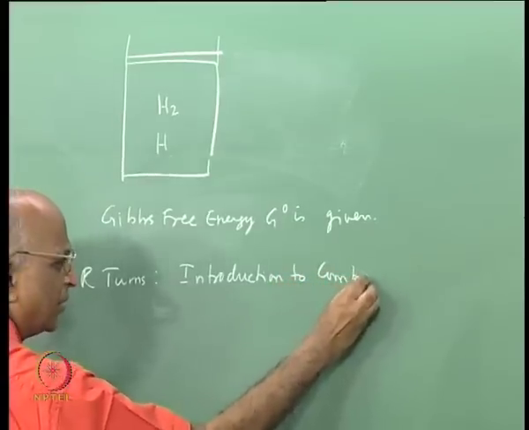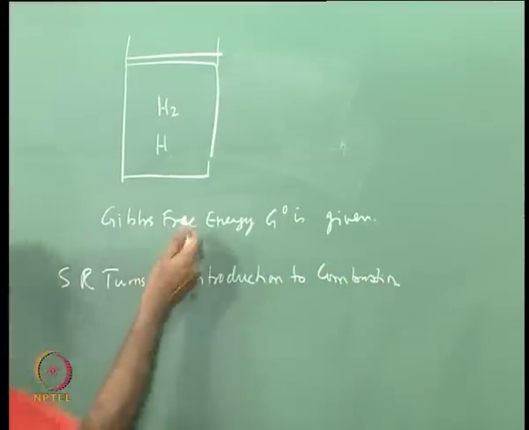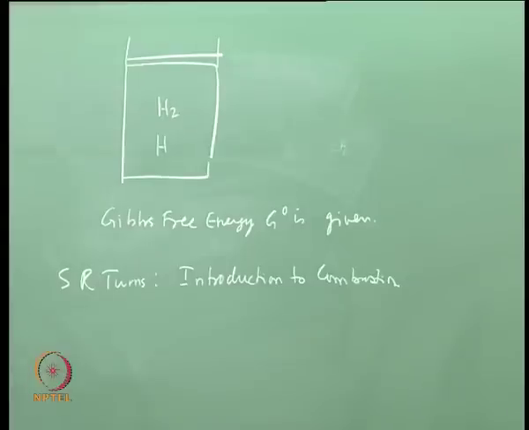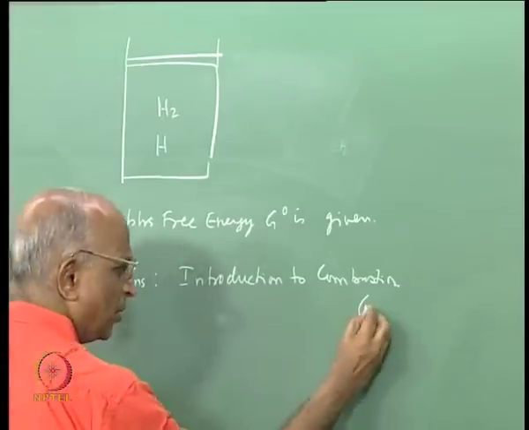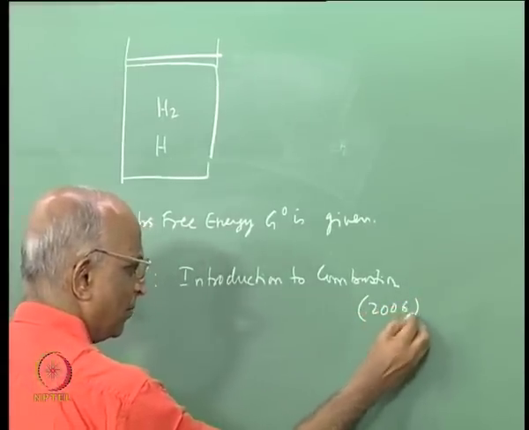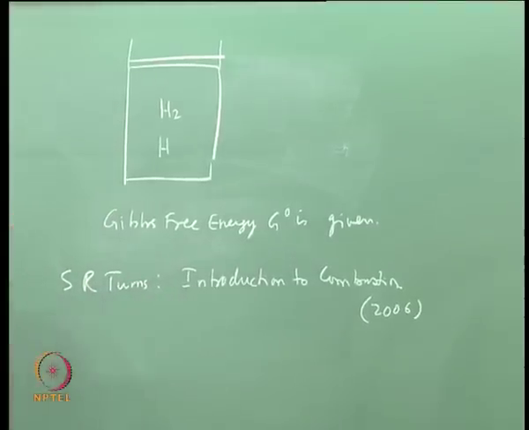All combustion texts give the value of delta G for the different substances, and I think the second edition, which came out in 2006, has a large number of copies in the different labs, therefore it is easily accessible.